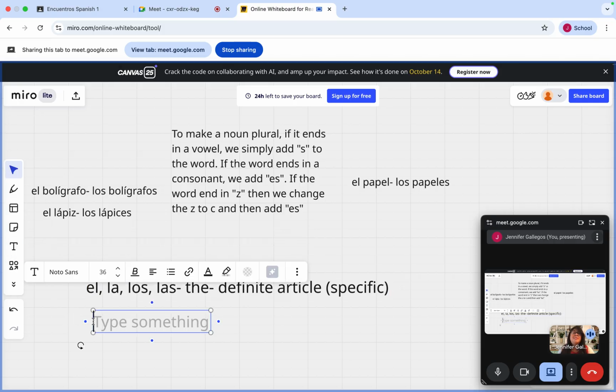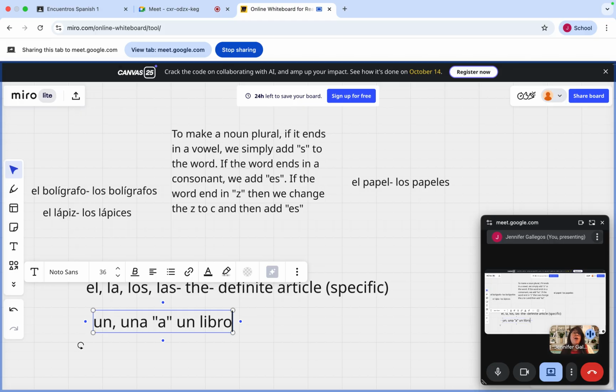However, what if I want to say give me a book? If I say give me a book, that could be any book in the world. I could give you a French book, you could give me a Spanish book, you give me a dictionary, anything. So when we want to say a, we have 2 forms, un and una. Like if I say a book, un libro.